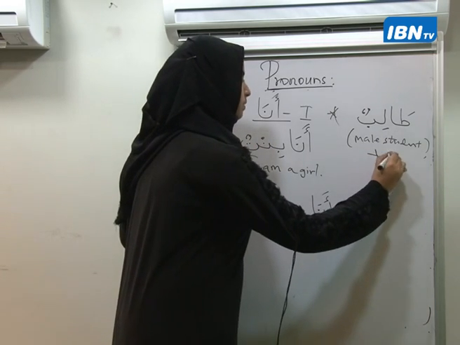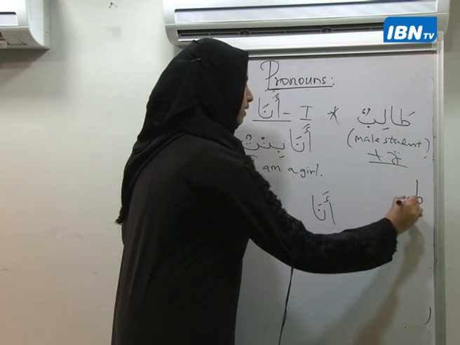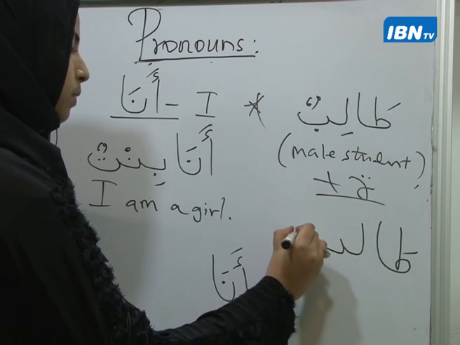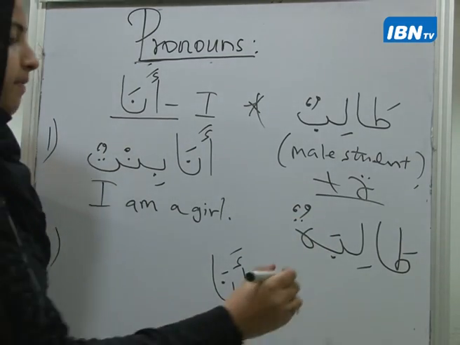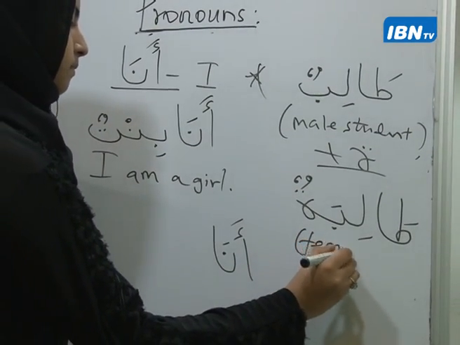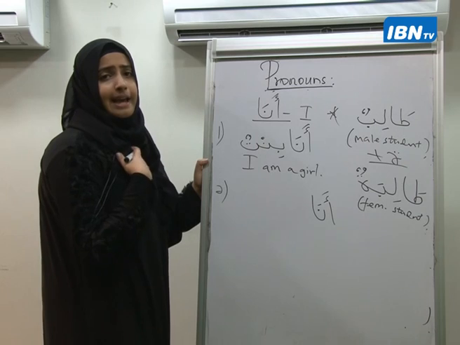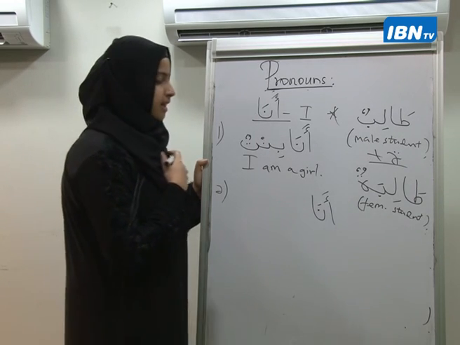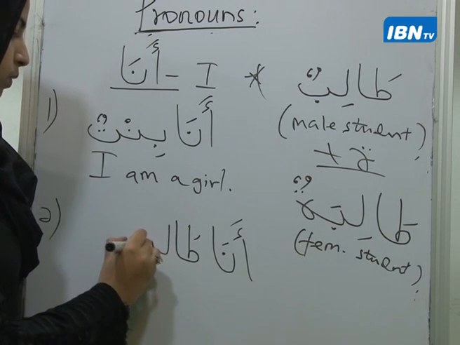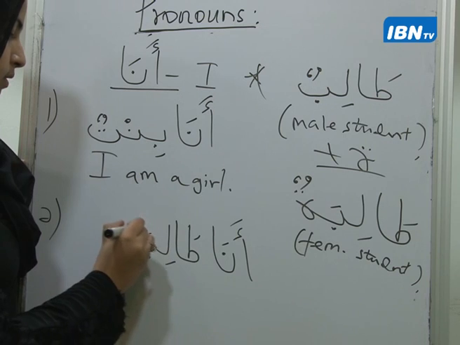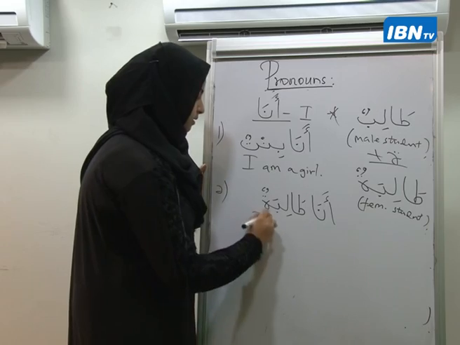So I'll just add a ta marbuta here, and I'm going to have twalibatun. And what does twalibatun mean? Female student. Right. So I want to say I am a female student. So what will I say? I'll say ana twalibatun. Means I am a female student.